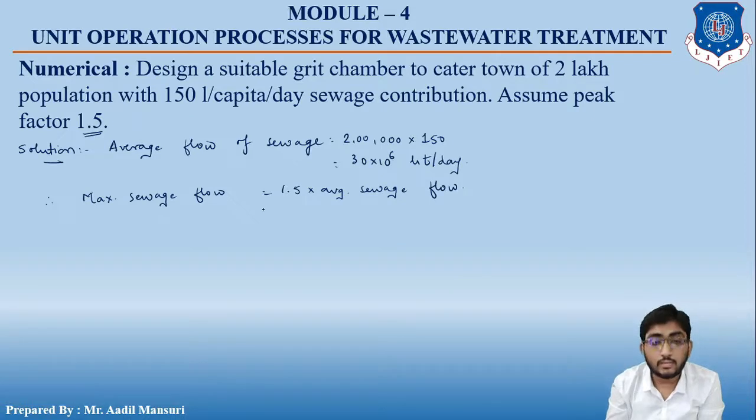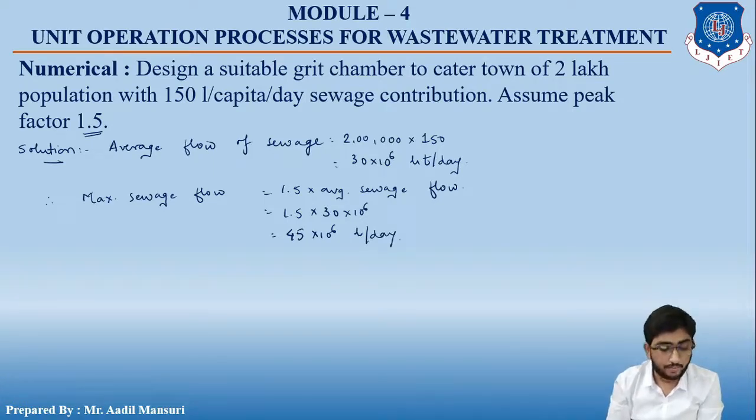So this will be equal to 1.5 into 30 into 10 to the power 6, and this will be equal to 45 into 10 to the power 6 liters per day. Now we need to convert it into meter cube per second and meter cube per day.